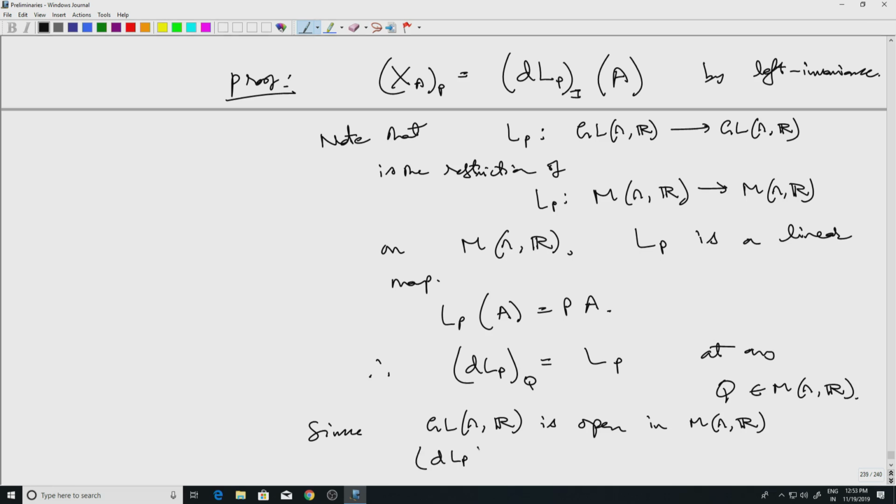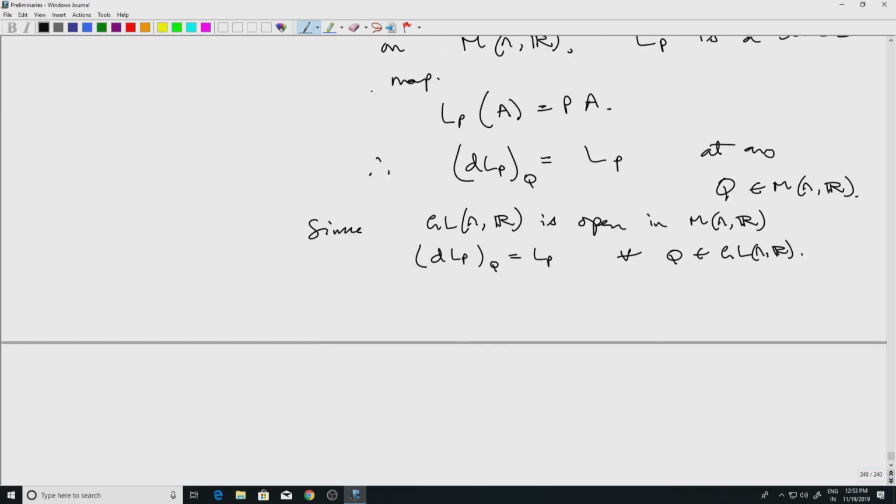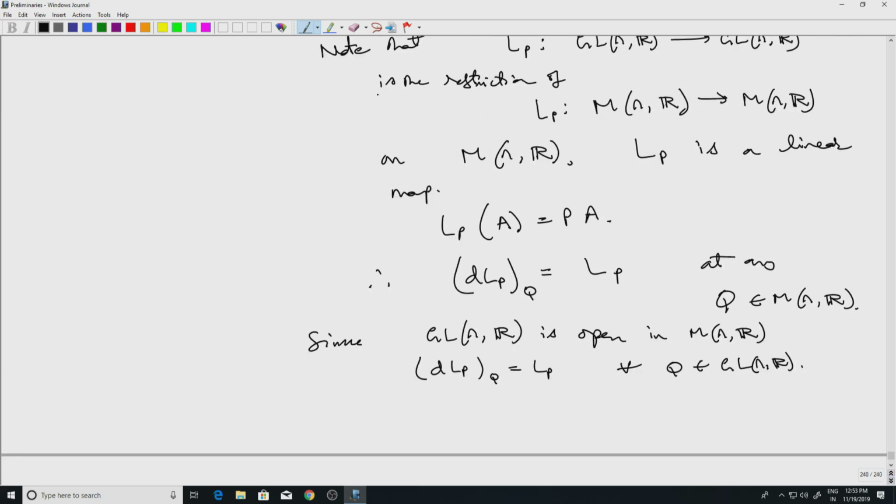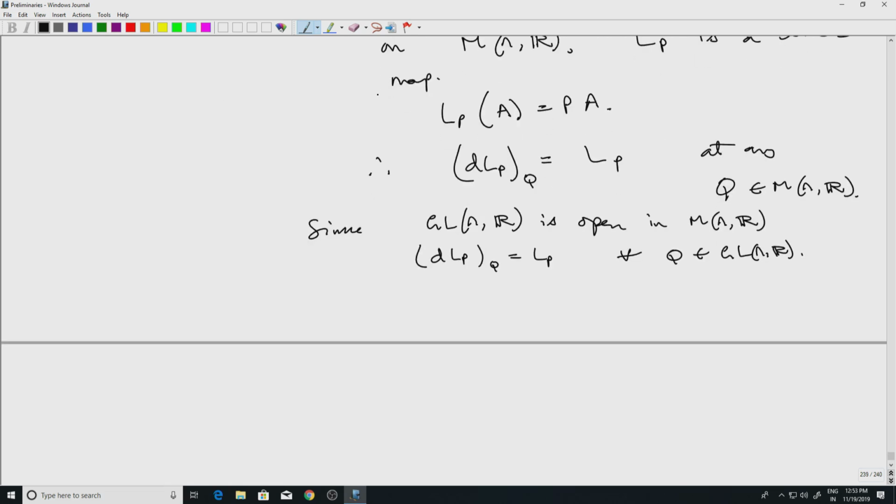DL_P of Q is equal to L_P for all Q in GL_n(R) as well. This is the advantage of regarding it as a map of a vector space.